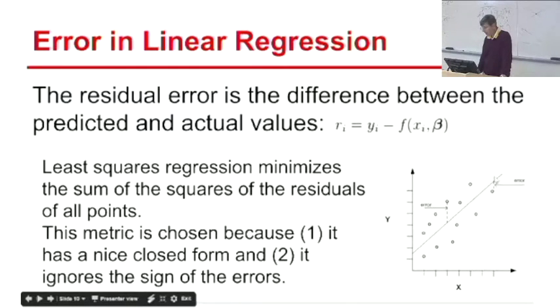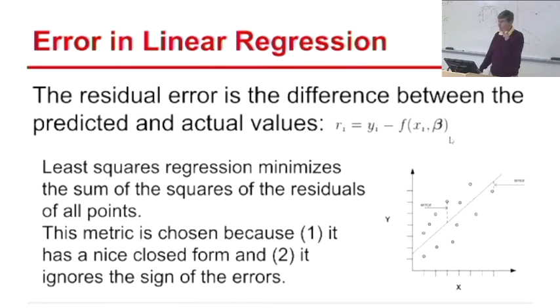And f of x is exactly what our prediction is, right? So the difference between prediction and actual is exactly what we are doing here. So it's actually the right thing to be doing if we want to measure our accuracy as a predictor. Any questions?